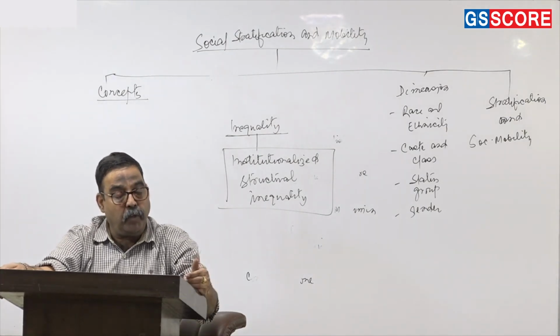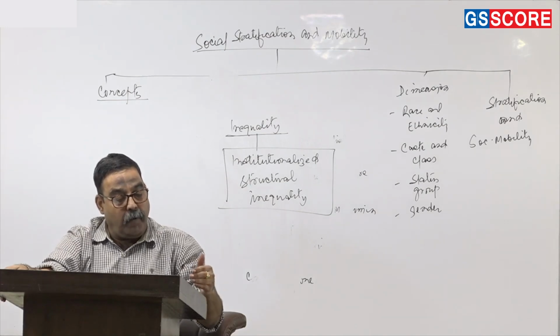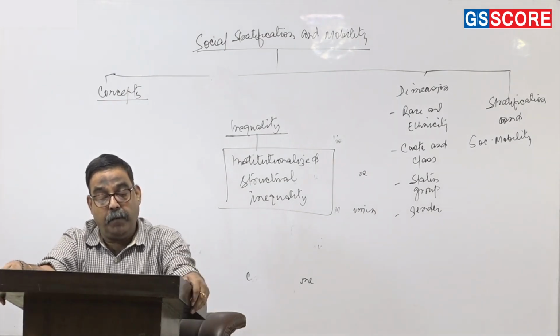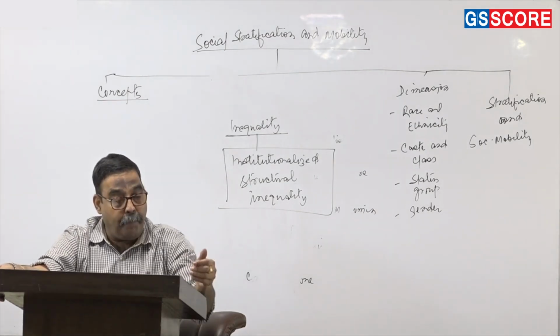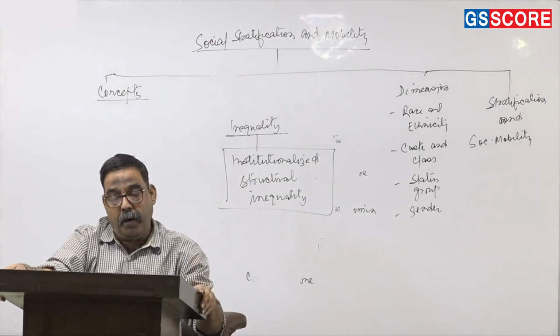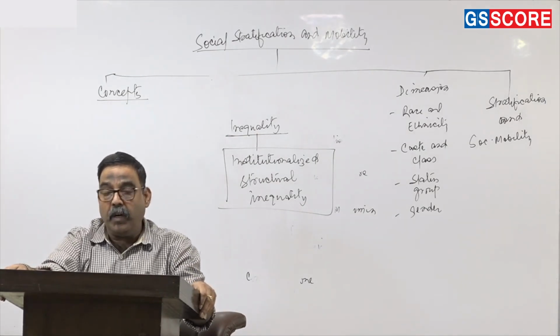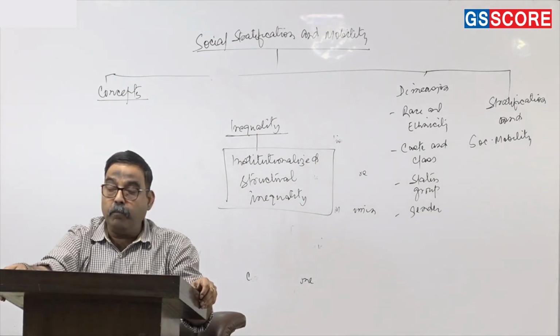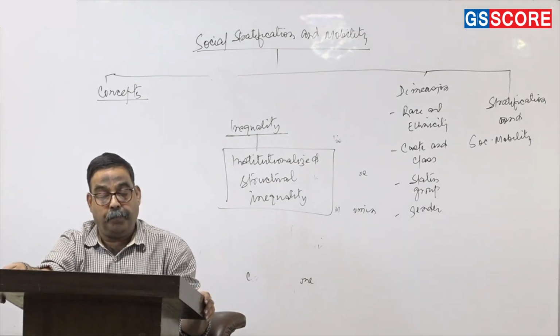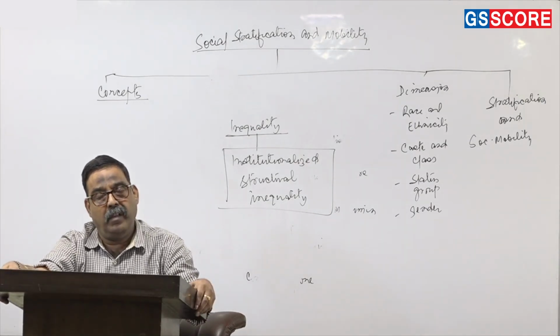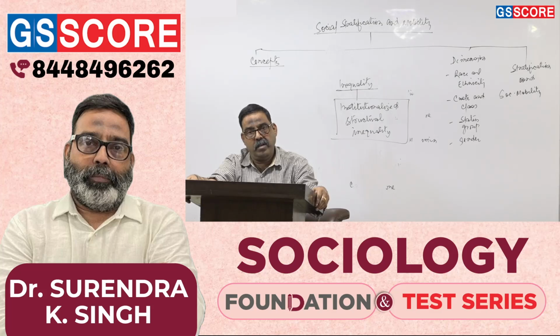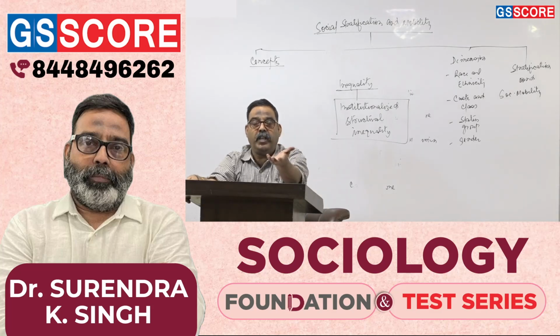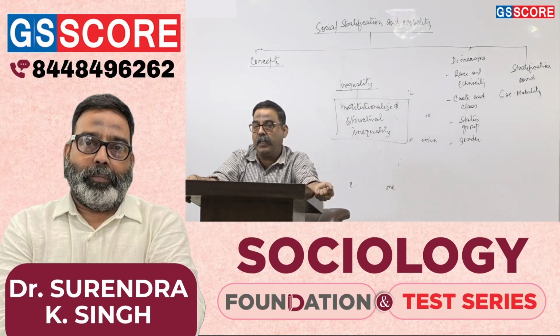It means when you are talking about vertical mobility, you will be talking about vertical upward and vertical downward. In upward, the mobility is from lower to upper, and in downward, the movement is from upper to lower. For example, today you are a resident, tomorrow you will be selected as an IAS officer.